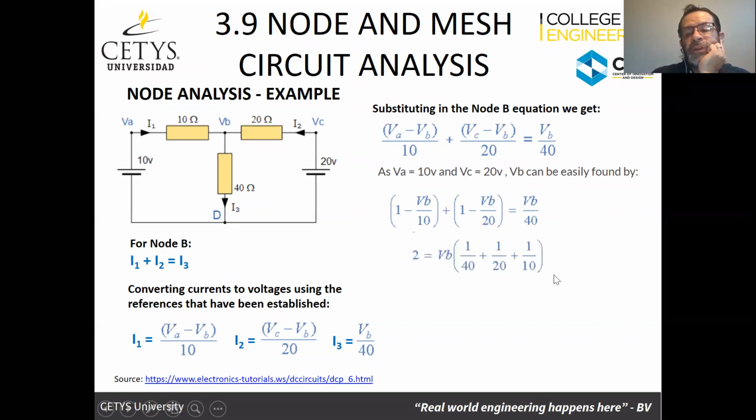If we solve this, we're going to find that VB is equal to 80 divided by 7. Just so we have that reference, 80 divided by 7 is 11.42. Let me just write it down here: 11.42 volts.